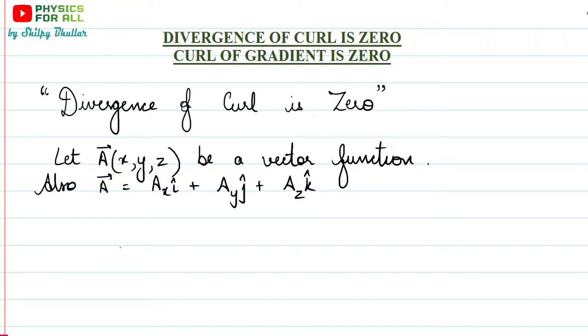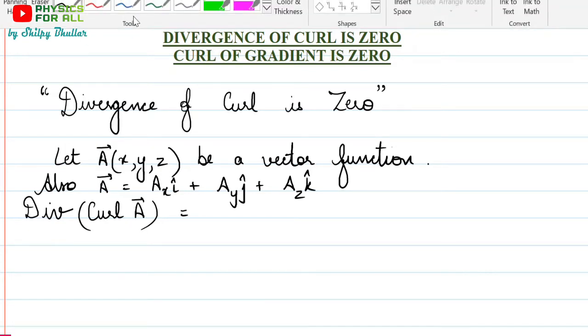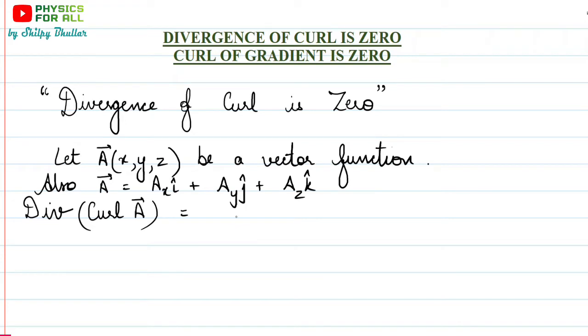And now first what we are going to write is curl of A, and then we have to take its divergence. All right, this is the meaning. So how can we show it mathematically?